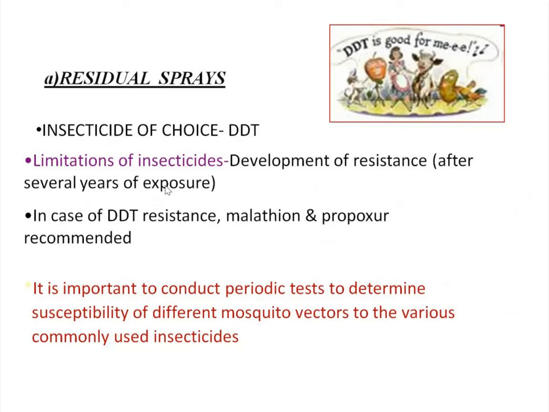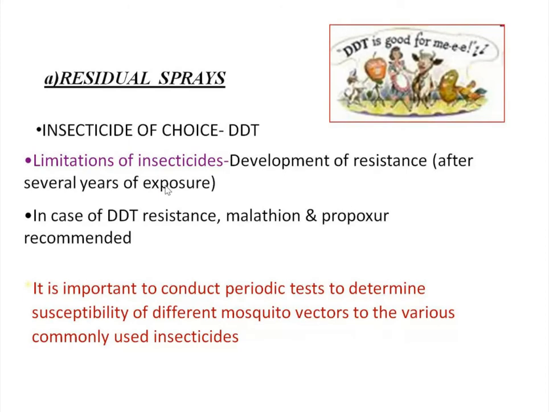If adult mosquitoes get resistance to DDT, the alternative options are malathion and propoxur. We can use those. But it is very important that you use DDT cautiously, because as I told, it can cause resistance over the years.